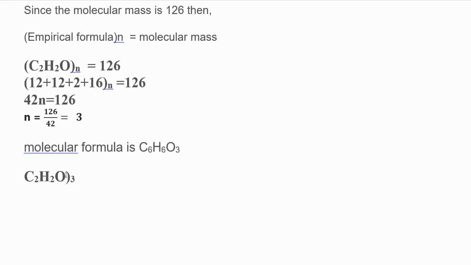So 2 times 3, it becomes 6. 2 times 3, it becomes 6. And then the oxygen, there is 1, so 1 times 3, the answer is 3. And that's how the formula is formed.